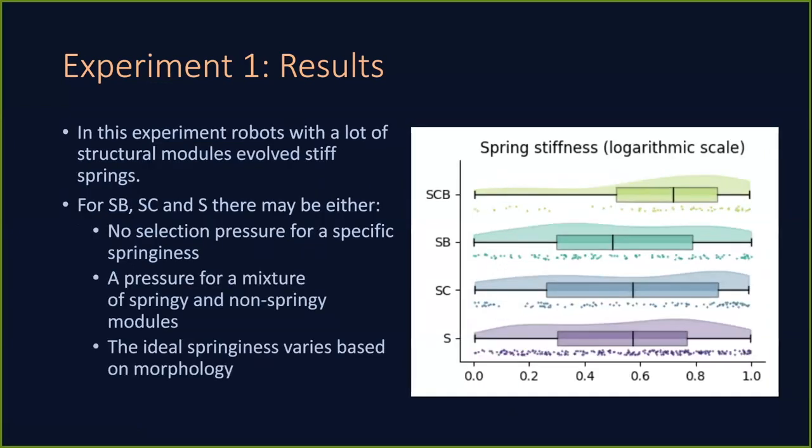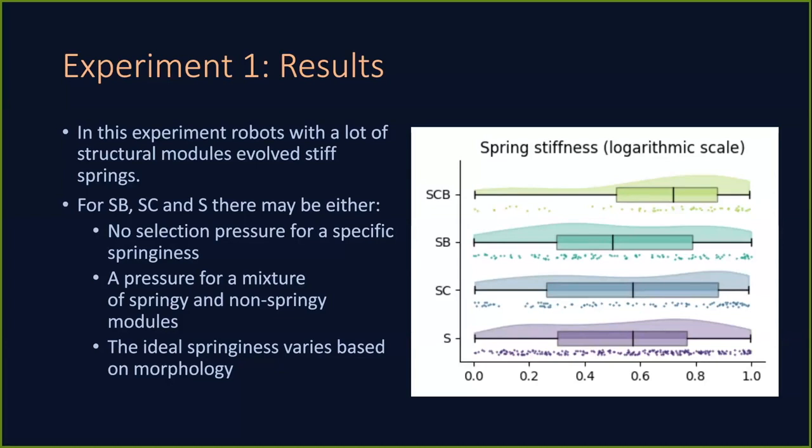This is just the same information as in the previous slide, but here it is translated to the natural logarithmic scale. So this will correspond to the value in the genome instead of the actual springiness. Here we can see that the ones with a lot of structural modules tend to use stiffer springs.